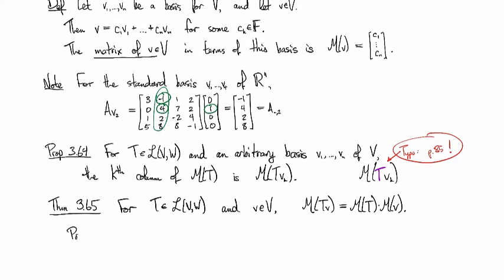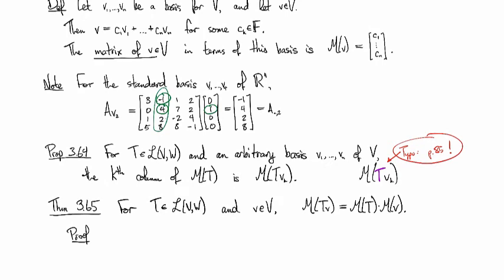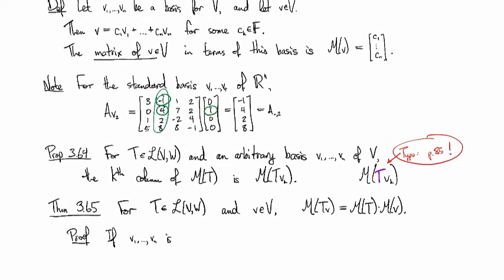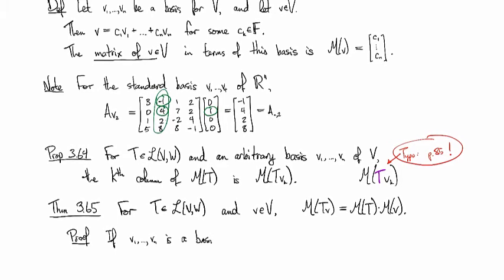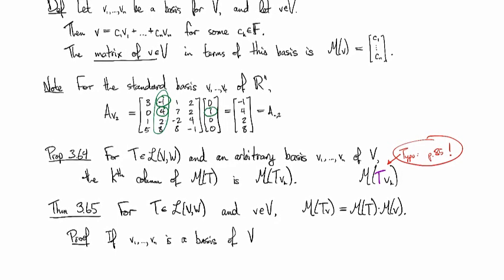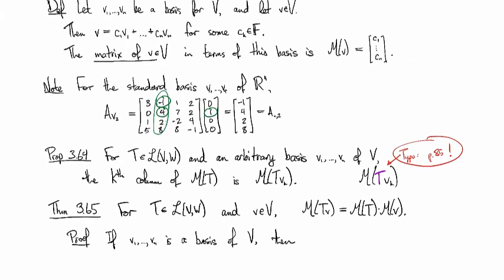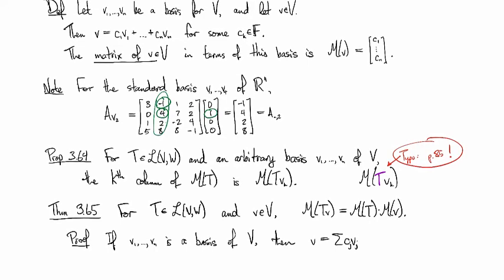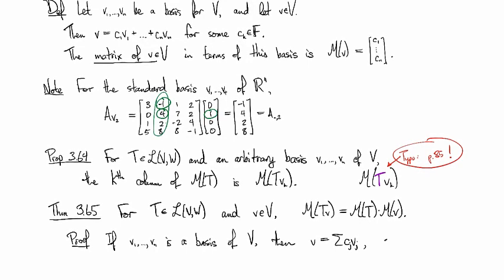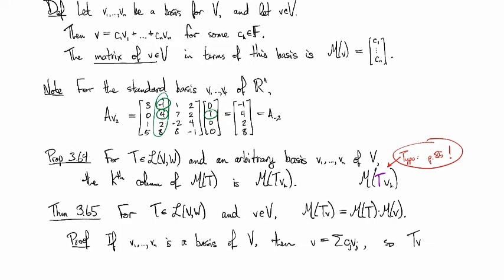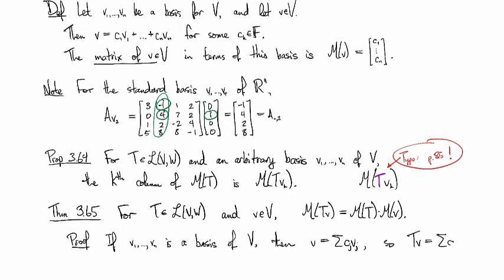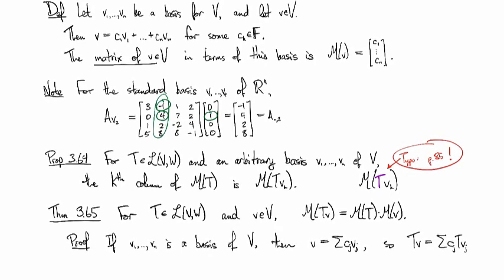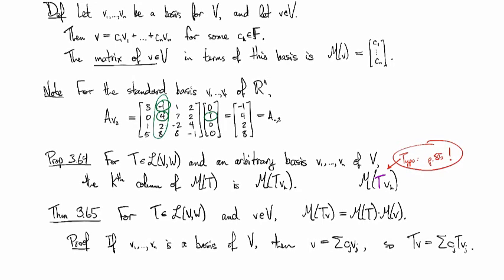Okay, and the proof for this one is that if v1 through vn is our basis, and we write v in terms of this basis, then Tv is going to look like the linear combination of the T vj, just because we can use linearity to push the T through.